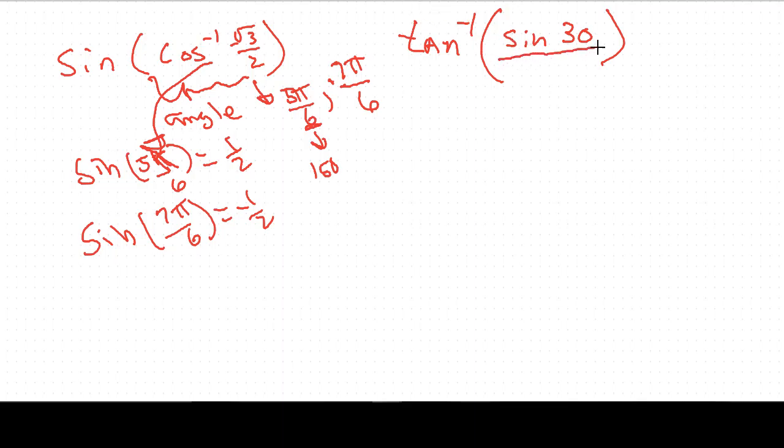What is the sine of 30? Sine of 30 is 1/2. And then I'm going to put that inside of this tangent function to figure out what that angle would be. So hit tan inverse of 0.5 and tell me what number you get.